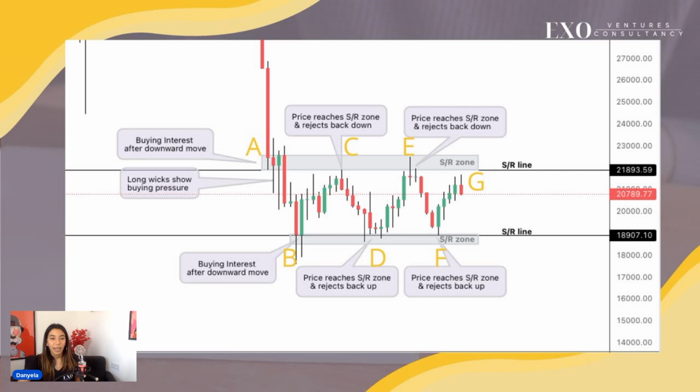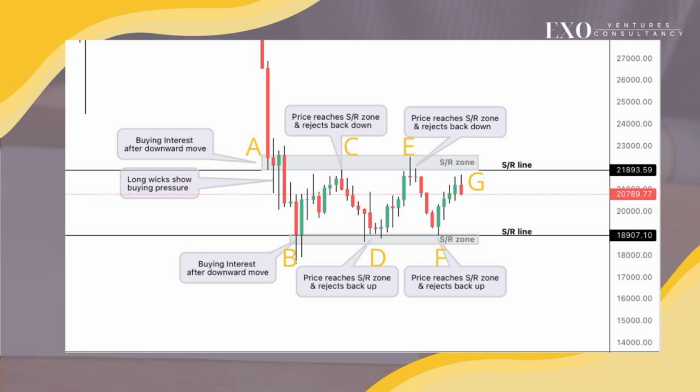Now you can see a more clear example. I'm going to move myself out of the way. Okay, as you can see in area A, price just came down quite hard from a higher price. And then you can see from the long wicks right there at area A that there's buying interest.